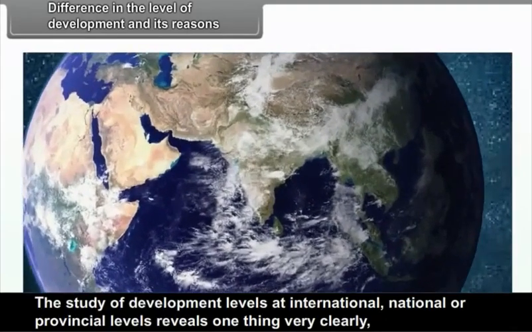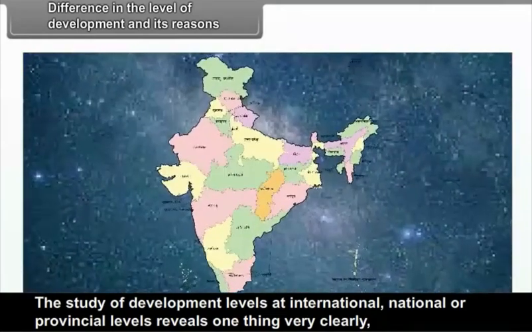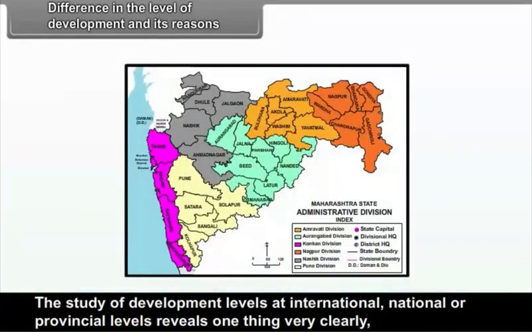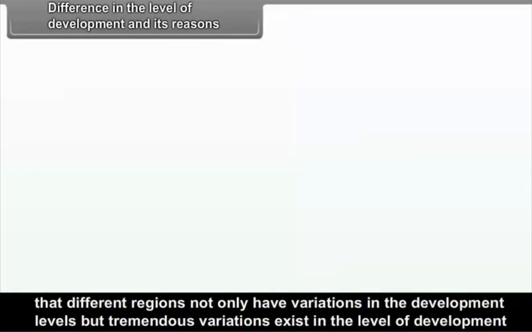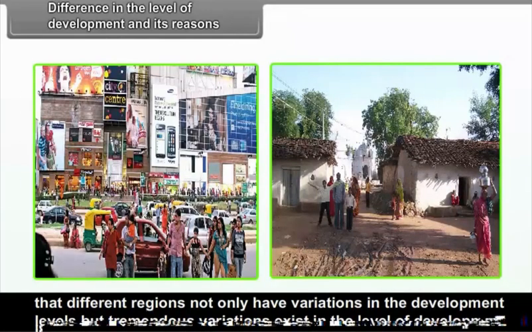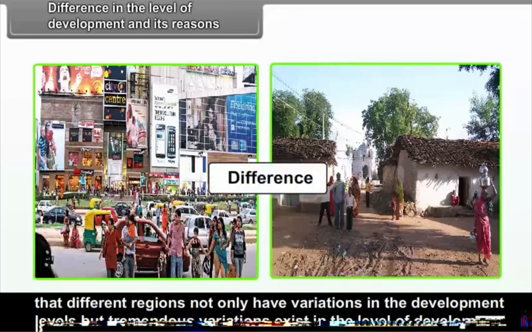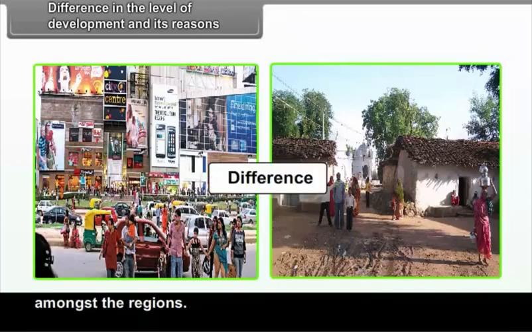Difference in the levels of development and its reasons. The study of developmental levels at international, national or provincial levels reveals one thing very clearly: different regions not only have variations in the development levels, but tremendous variations exist in the level of development amongst the regions.